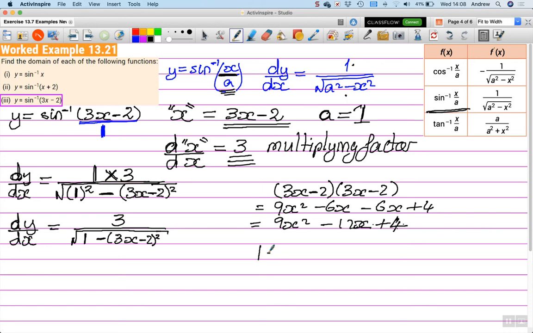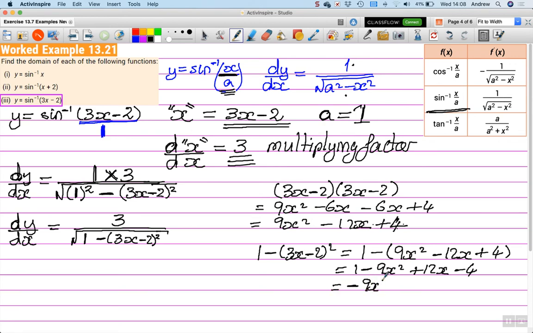So 1 minus open bracket 3x minus 2 all squared is the same as 1 minus everything that we've just worked out. So that becomes 1 minus 9x squared plus 12x minus 4. So that becomes minus 9x squared plus 12x minus 3.